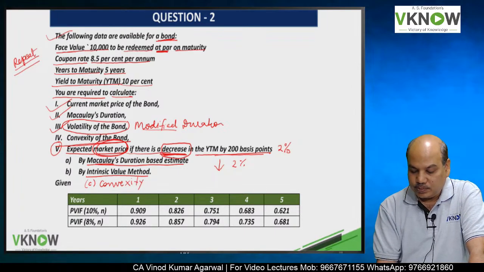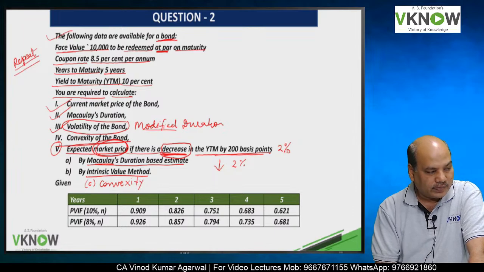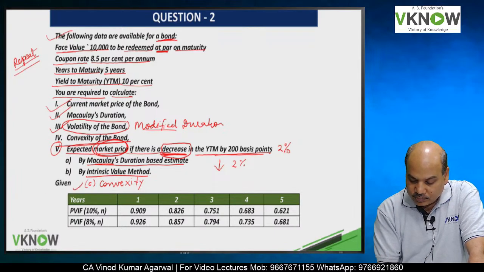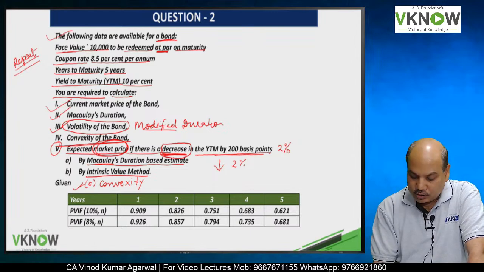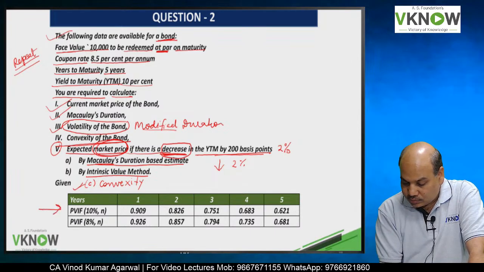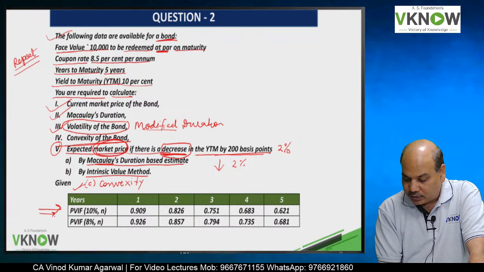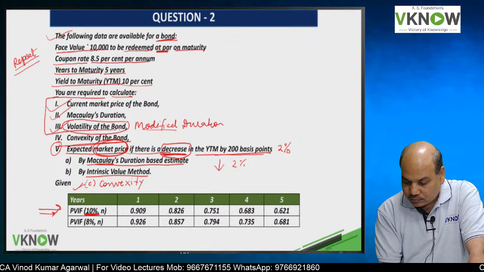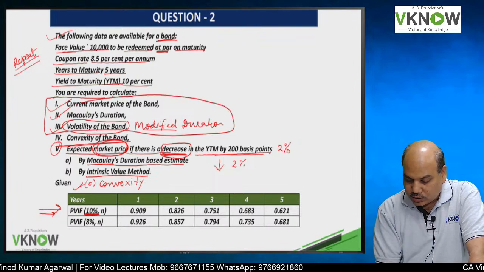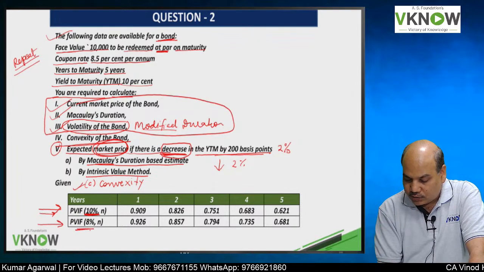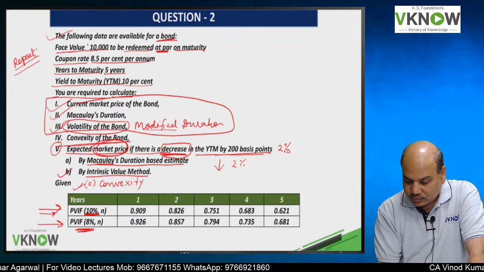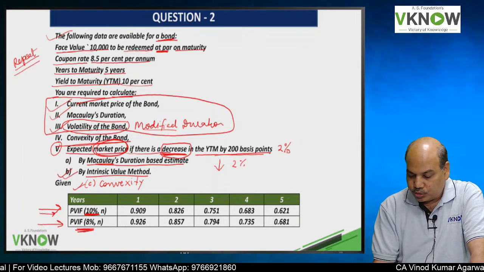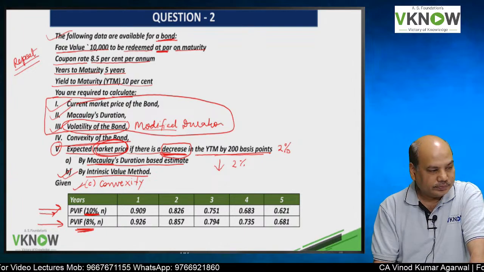Using convexity, point number C. I am adding this from my side because in the exam they can ask you convexity also. Discounting factor is given at 10%, which I will require for the first few answers, and then discounting factor is 8%, which I will require to calculate the bond value using the intrinsic value method.